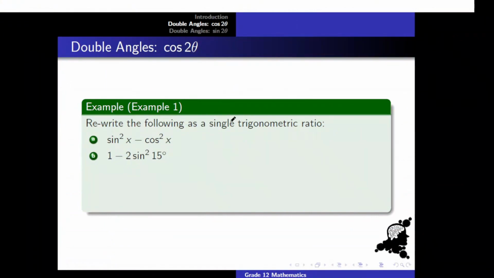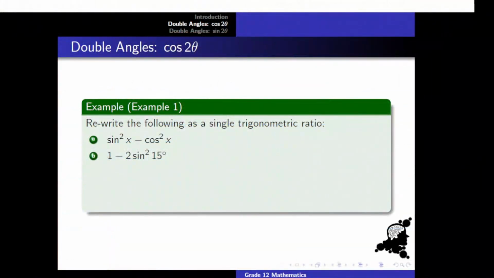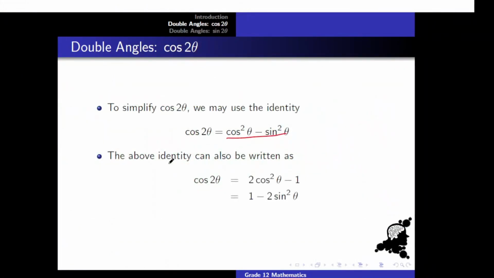So, we've got 1 minus 2 sine squared 15 degrees. Right, let's go to our writing pad and let's have a look at this. Let's quickly go back to our notes and see whether the identities that we have actually match.